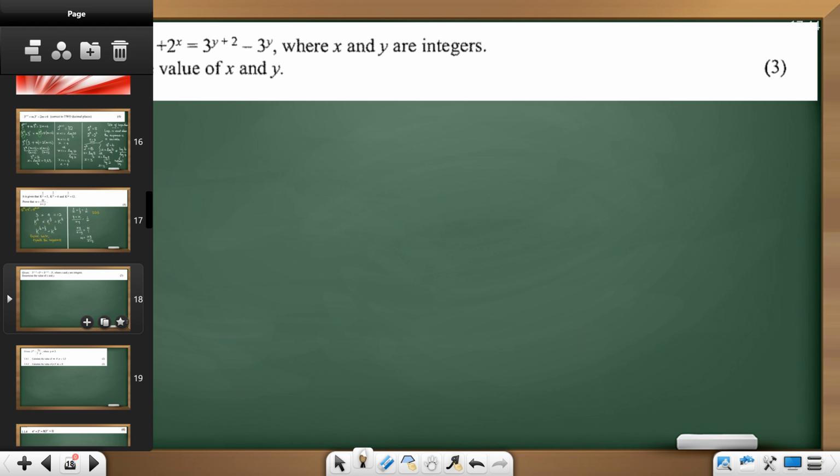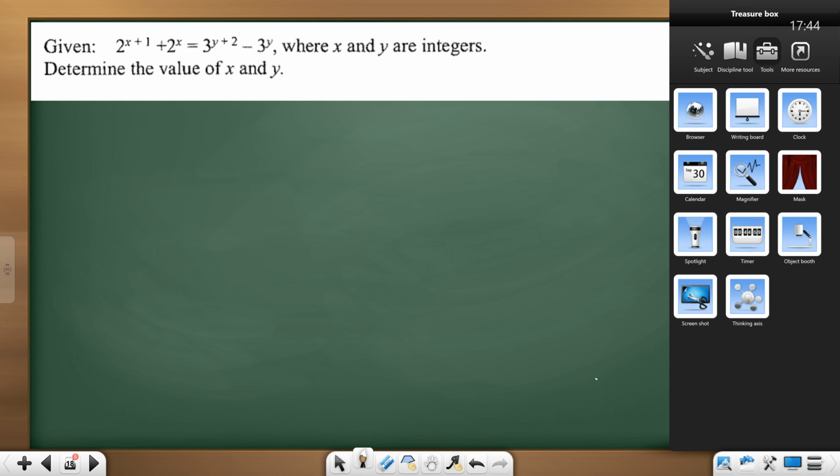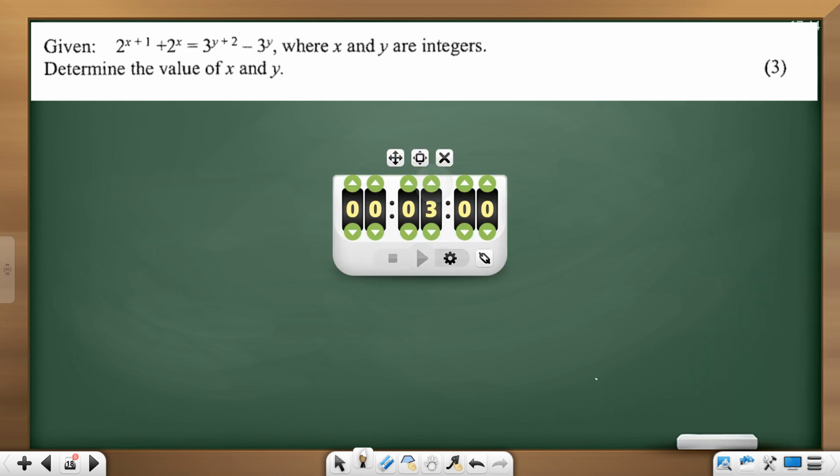And I want us to please try this question for me. I want to see what you guys will do. It's 3 marks. Remember, this is grade 11, but there's a bit of grade 12 concept there. Try it for me, 3 marks.